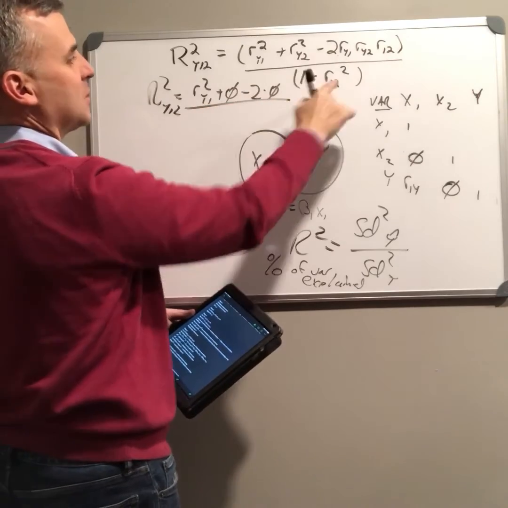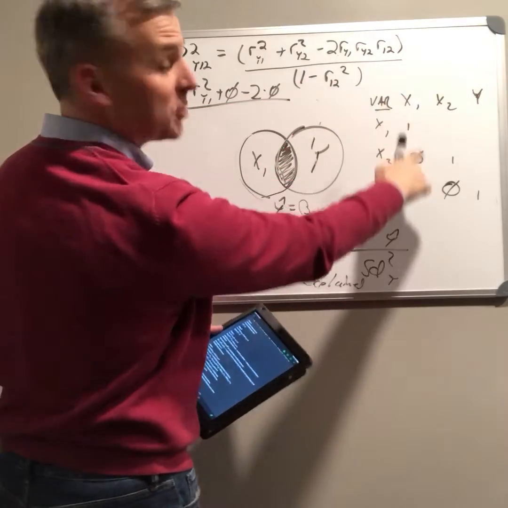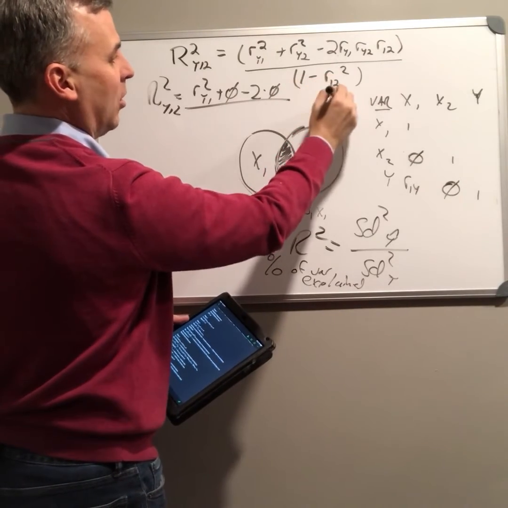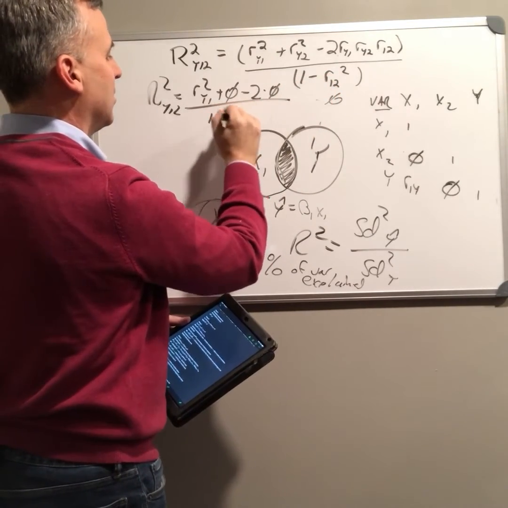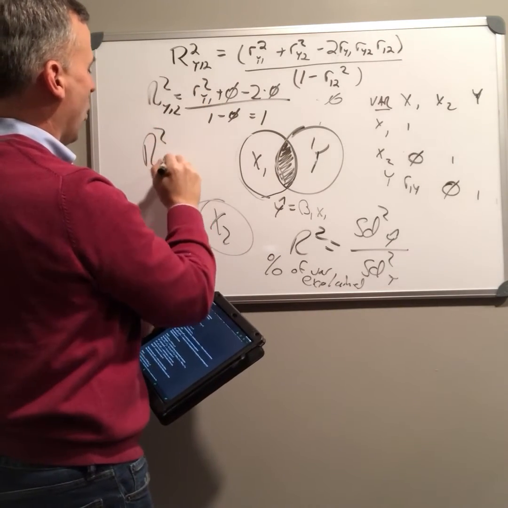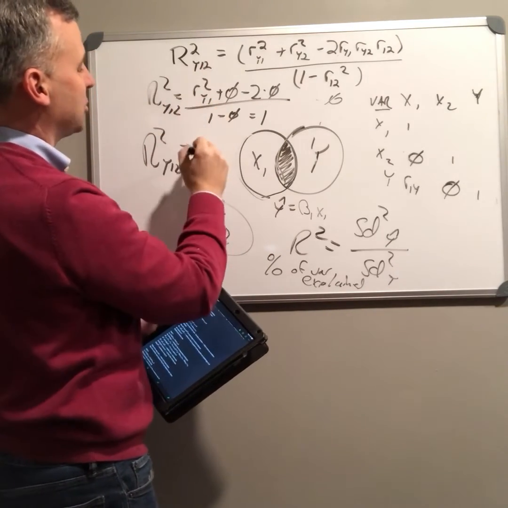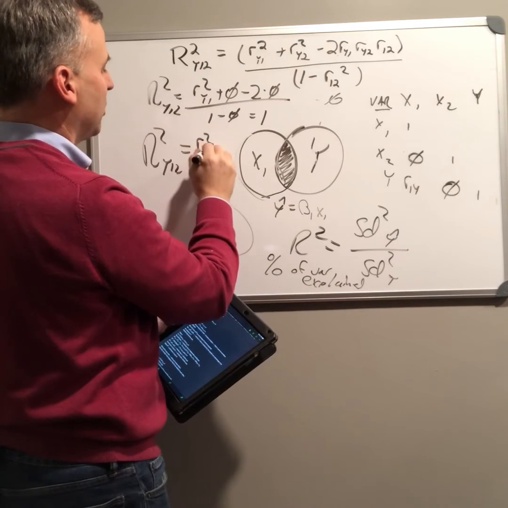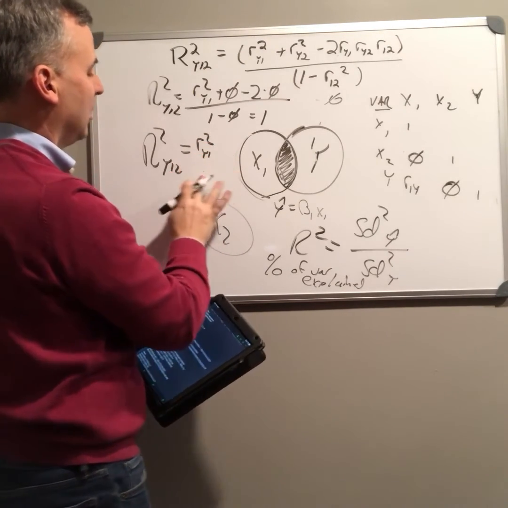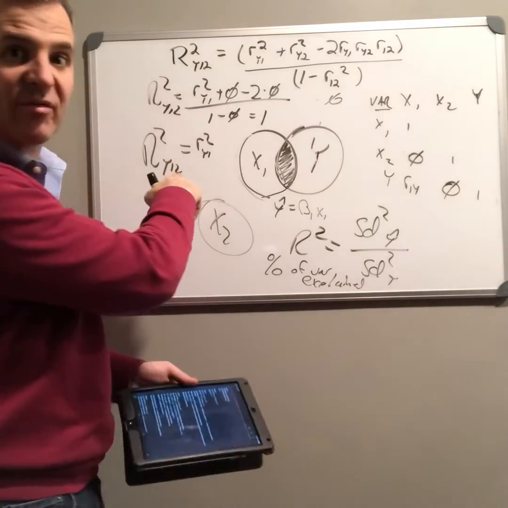And this becomes 1 because there's no relationship between x1 and x2. And 1 minus 0, in this case, becomes 1. So r squared y12 is just equal to the relationship between our predictor and our outcome variable over 1. Anything over 1 is just itself.